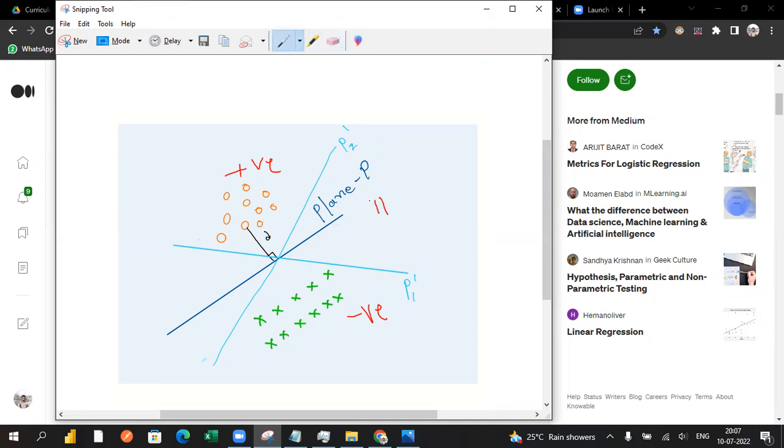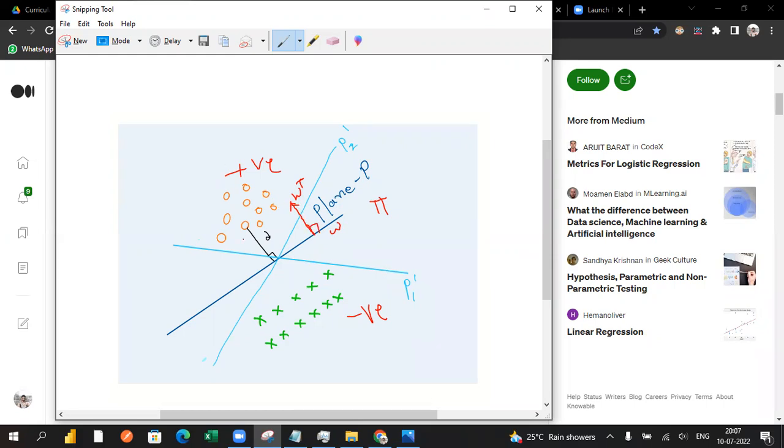Let's use the terminology pi. I have a plane pi, and I also have a norm perpendicular to this plane. I hope you know about the norm. We can represent it by W transpose, which is perpendicular to our plane.